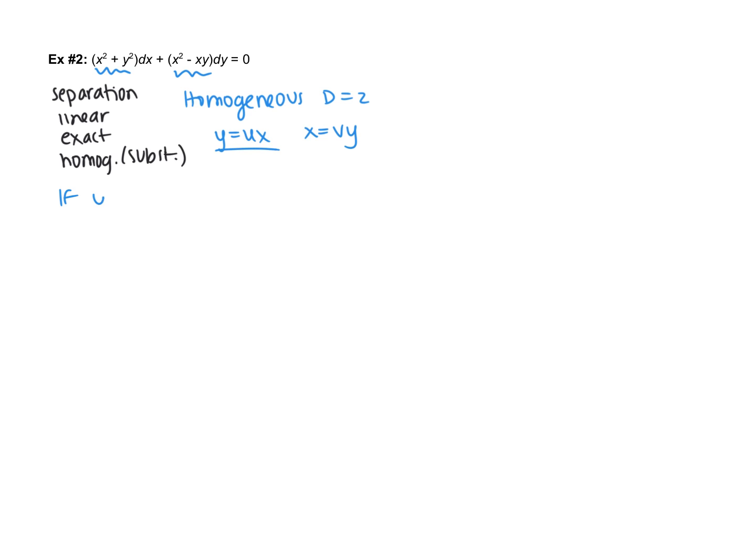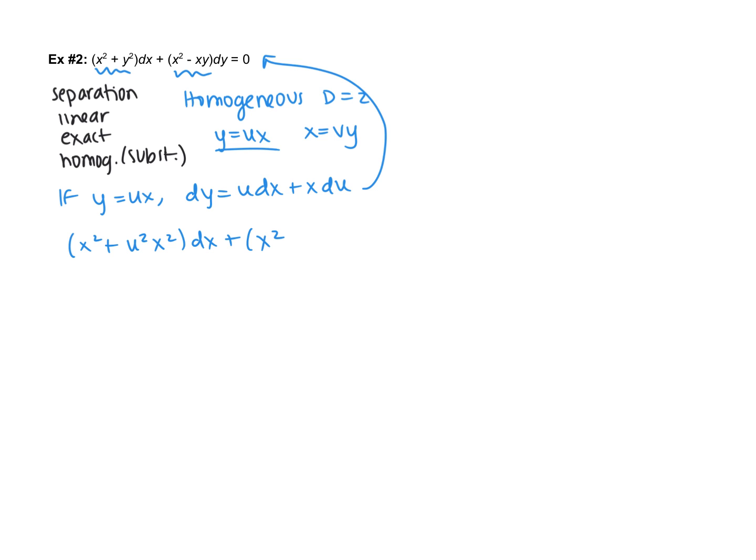So if we let y be equal to ux, our dy then would be u dx, add x du. Okay, so we're going to substitute all of that into our original equation. So when we do, we're going to get x squared add, replacing that y, u squared x squared dx.